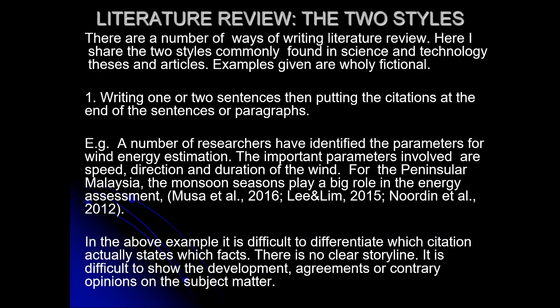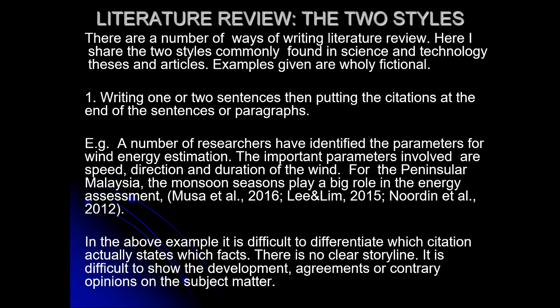Okay, now there are two types, as I said. The first one is writing one or two sentences, then putting citations at the end of the sentences or paragraphs. So, for example, this is the first one. A number of researchers have identified the parameters for wind energy estimation.